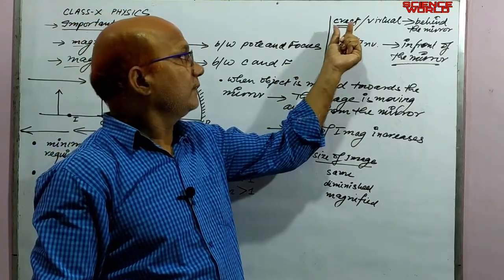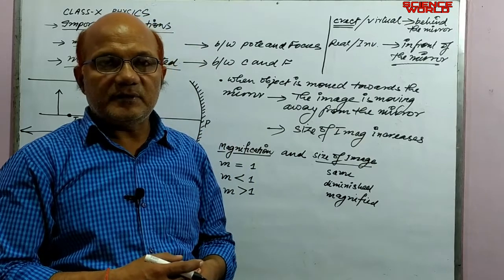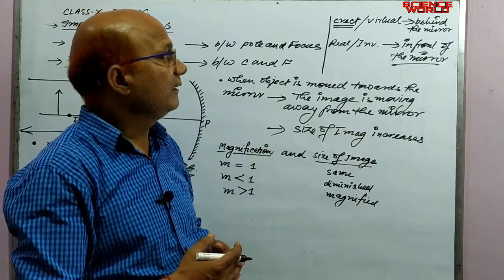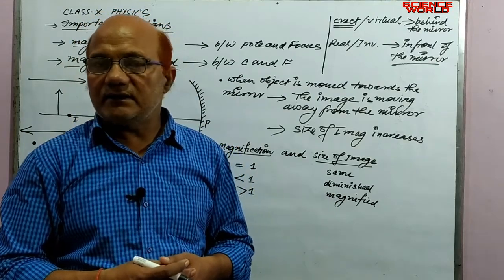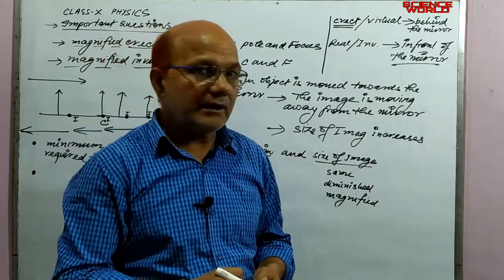If the image is erect and it is virtual, so it means this image is always behind the mirror, and if image is real and inverted, it means it is always in front of the mirror. Okay.